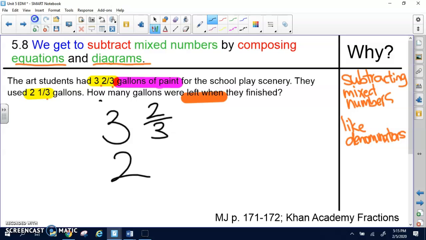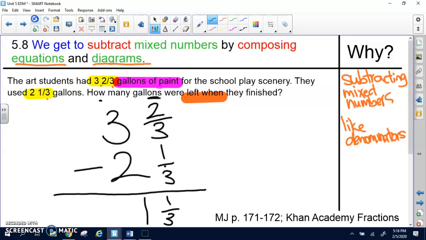I need to align those fraction place values right here. Subtracting, I want to start off by subtracting in the fractions place. So I can see that 2/3 minus 1/3 is 1/3. And 3 minus 2 is 1. And once again, I've come up with 1 and 1/3.